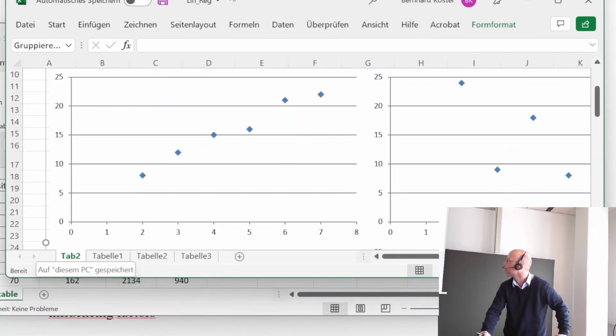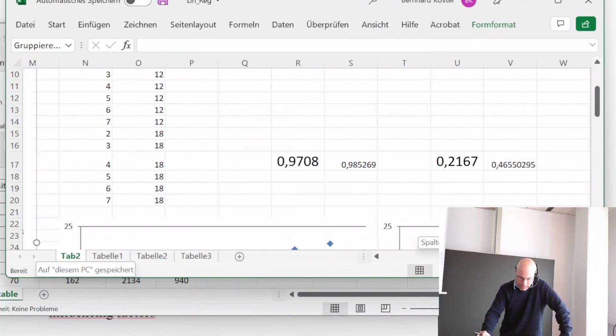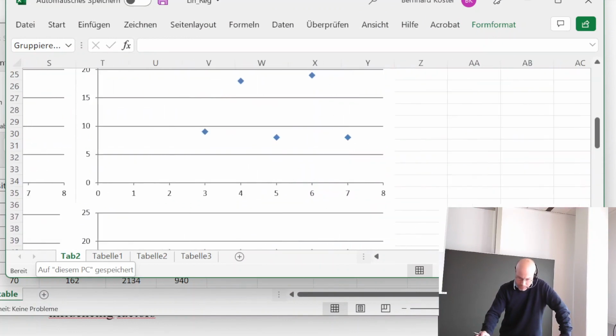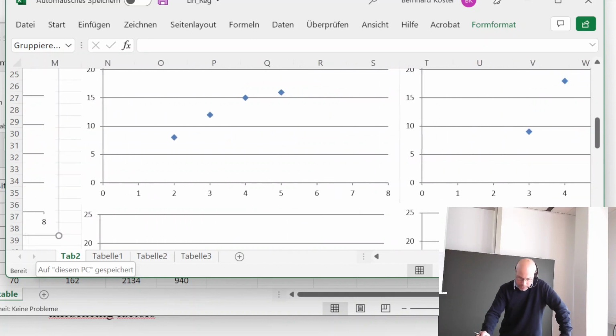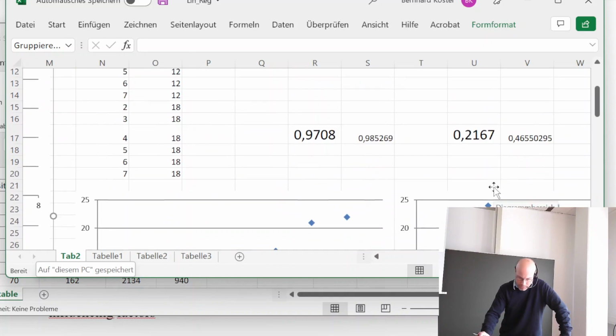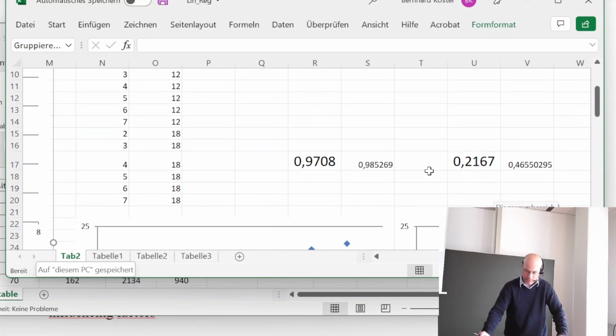So here, this is number 1. And I think here I had my R values. Where are my R values? Here they are.